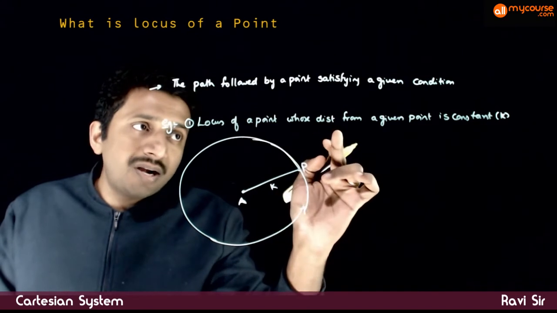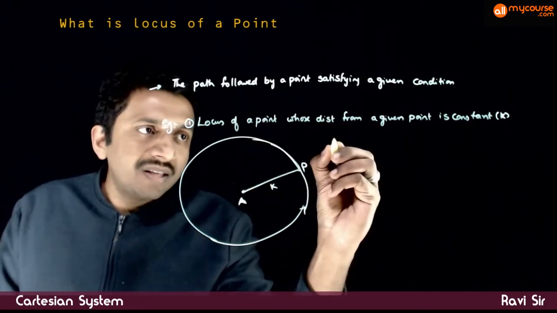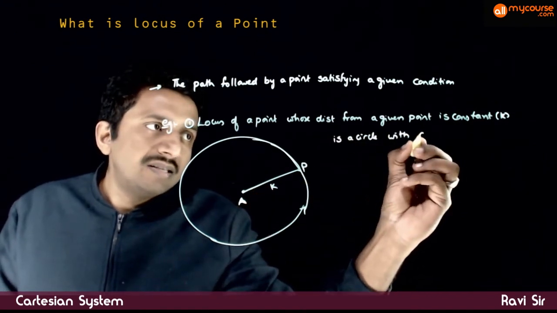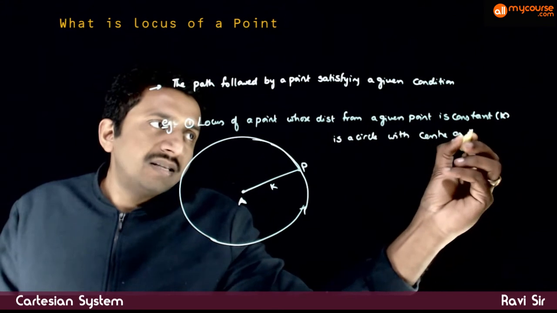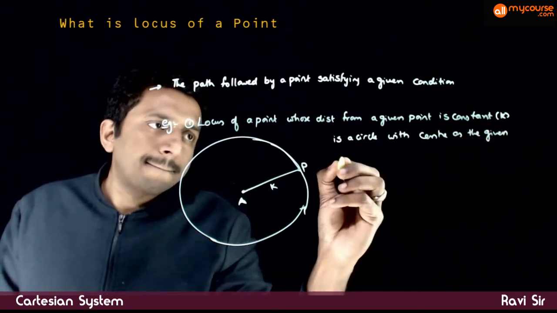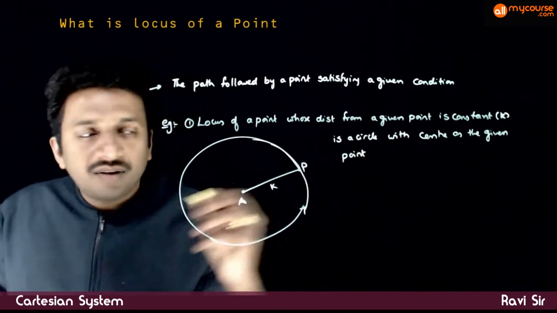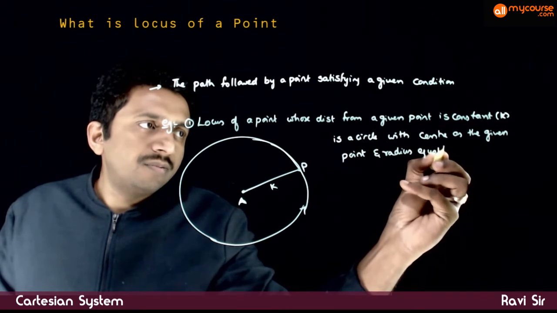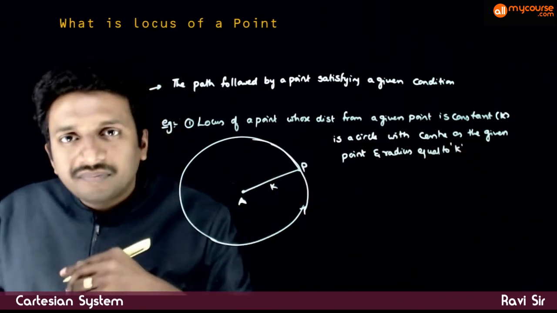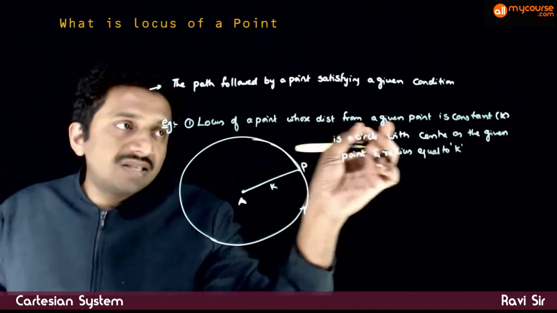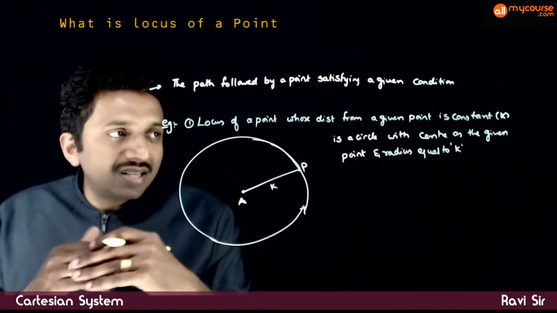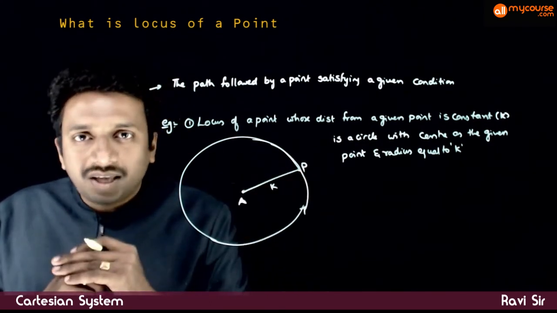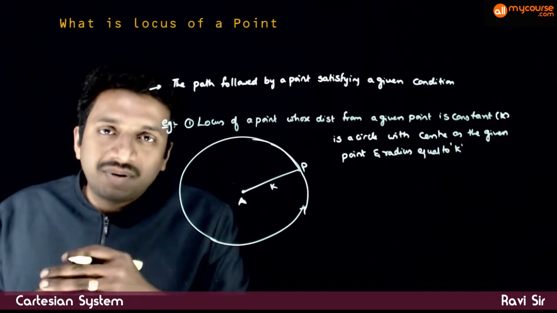So the locus of a point whose distance from a given point is k is a circle with center as the given point, and radius equal to k. So the locus of a point whose distance from a given point is constant is a circle with center as the given point and radius equal to k. So let us take another example.